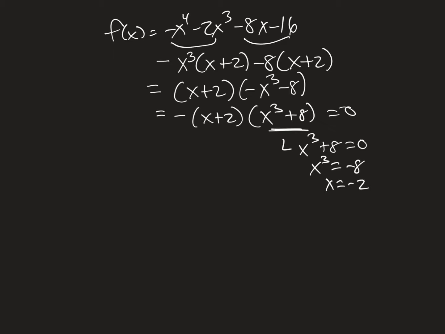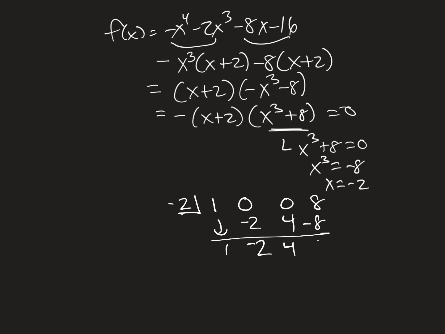So let's break x cubed plus 8 down to a quadratic. I know negative 2 goes in, and I'm going to put my placeholders for the quadratic term and the linear term. So bring down the 1, negative 2, 4, 4, and then I get negative 8.